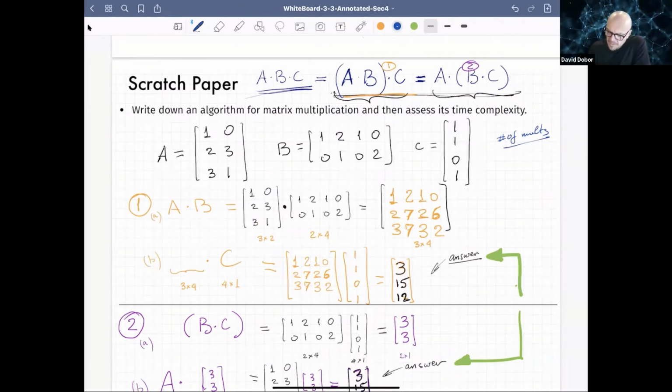To compute each one of these 12 entries, here I have 12 entries, how many multiplications did I use? 2, right? Because 1 times 1 plus 0 times 0. 2 multiplications each, that's 6. How did I compute this 6?